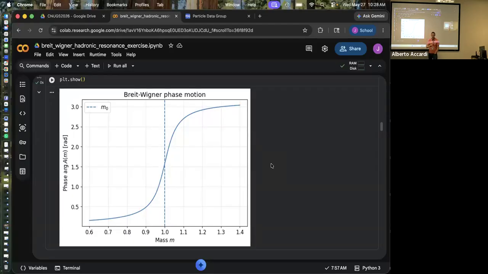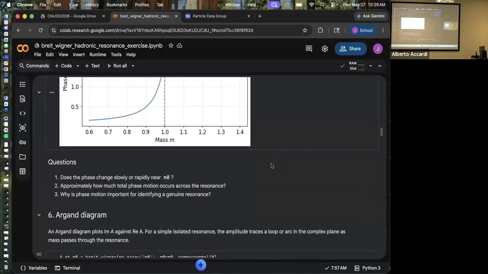So if we have a real quantum mechanical feature in the spectrum, we should have this complex phase varying as a function of mass, with a maximum change or maximum slope right at the peak of the resonance. When we look at some plots a little later today, we're going to be looking at phase motion and also the so-called Argand diagrams that tell us how these things describe resonances.